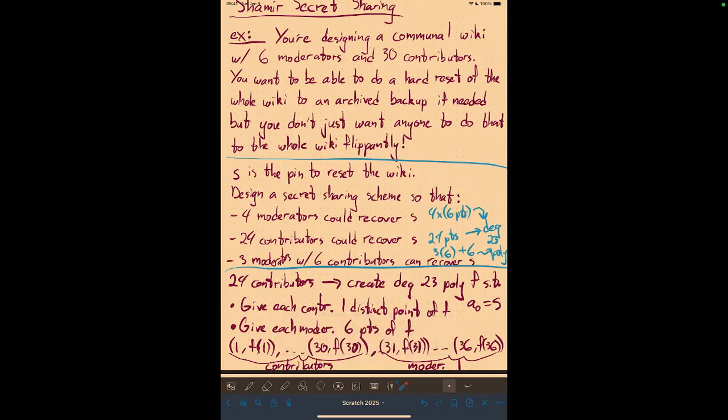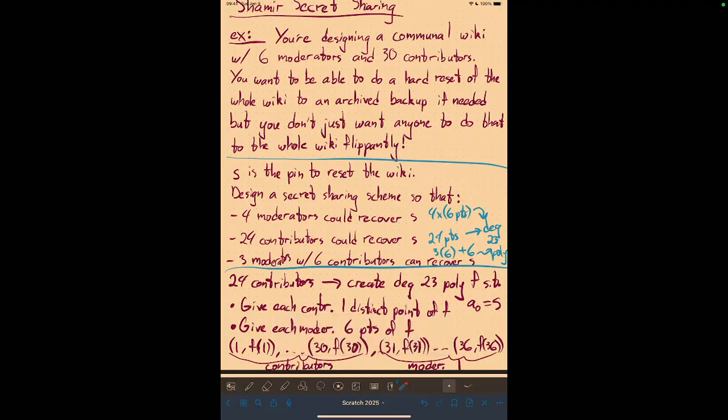Yeah? So if the number of moderators and contributors don't share a common factor, like because they both share the factor of 4, would you need different polynomials? Yeah. So the idea is that there's not too many points you need of a polynomial to fully recover it, and you can leverage that idea as much as you want.